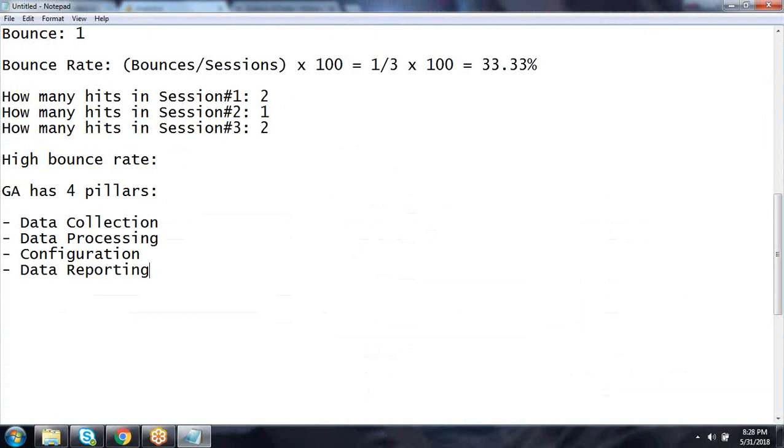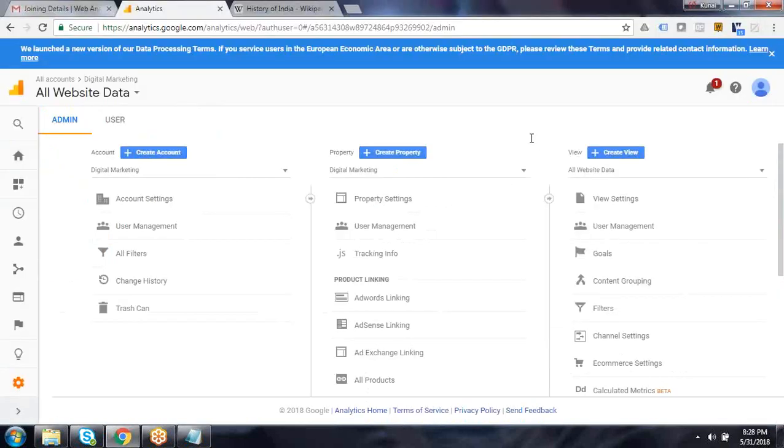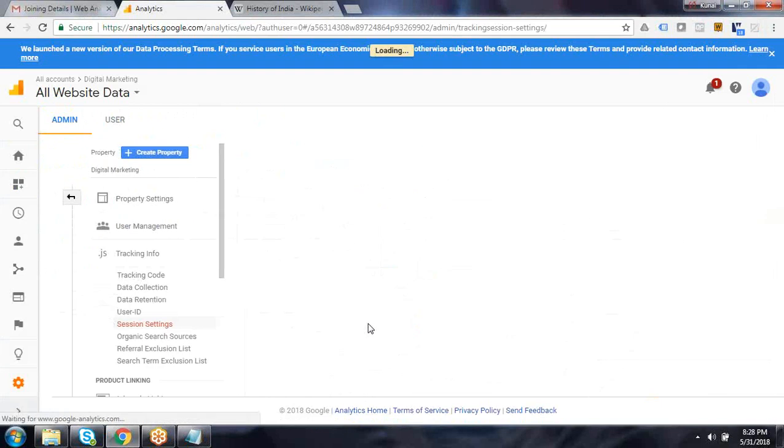Reports, we will start looking into in a while. But this is the configuration panel, the admin console, where we can make certain changes in the data processing of Google Analytics. Google provides a capability within tracking info and session settings where we can change the session timeout duration.